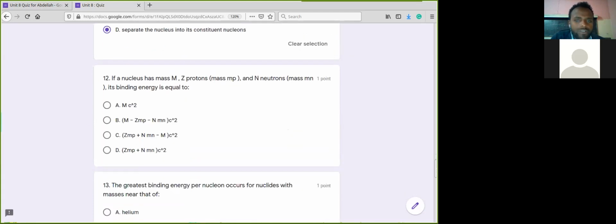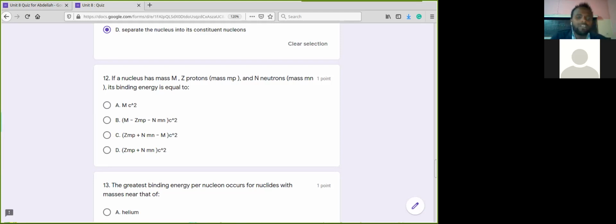And let's see question number 12. If a nucleus has mass m and Z protons, Z is the number of protons, and the mass of the proton is mp, and N is the number of neutrons, and the mass of the neutron is mn.